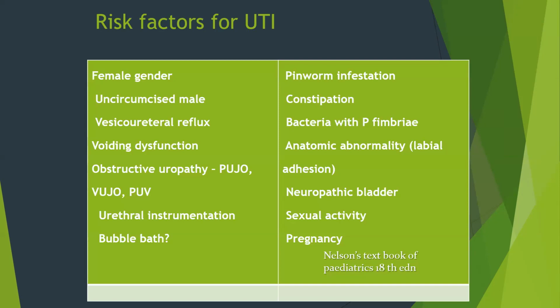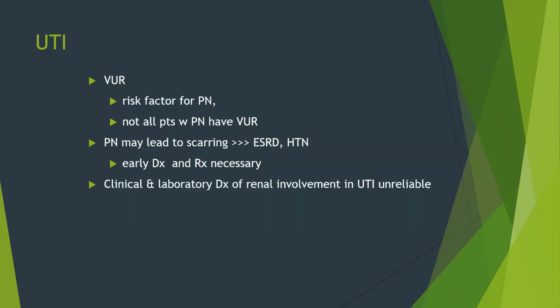And then there are various risk factors for UTIs, and VUR is a very important risk factor for pyelonephritis, but not all patients with pyelonephritis have VUR. We must remember that pyelonephritis may lead to renal scarring and then end-stage renal disease and hypertension. So early diagnosis and treatment becomes very critical.